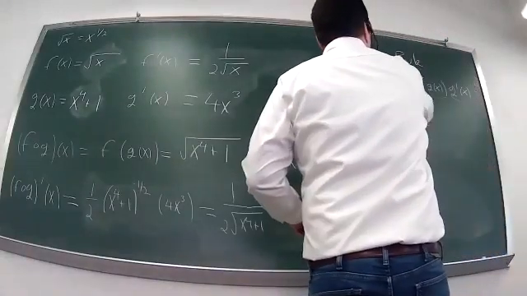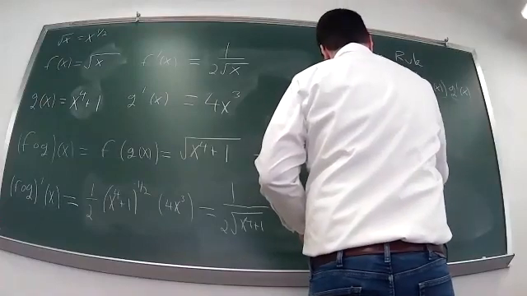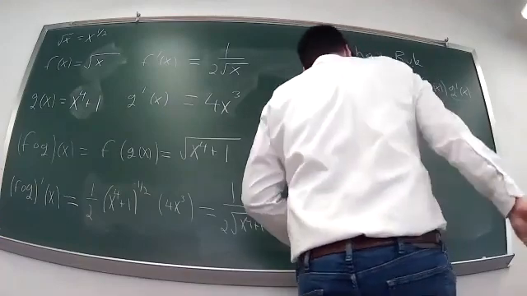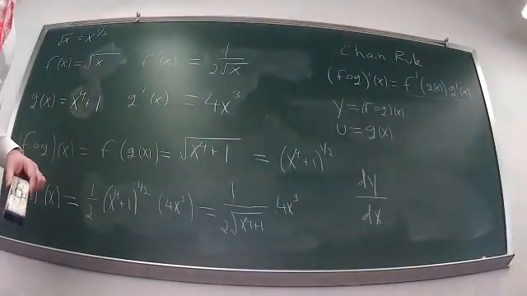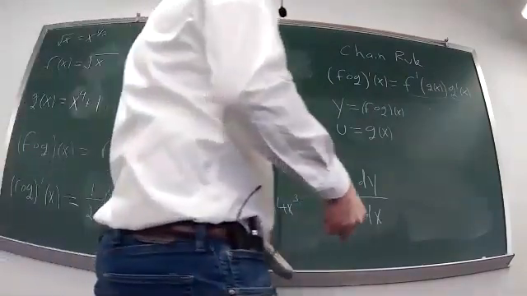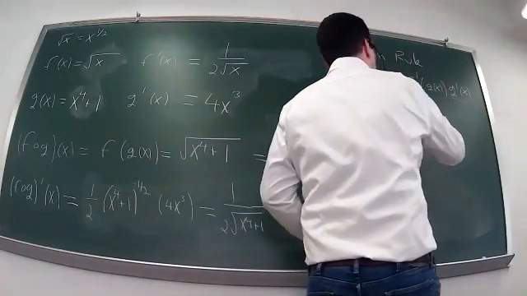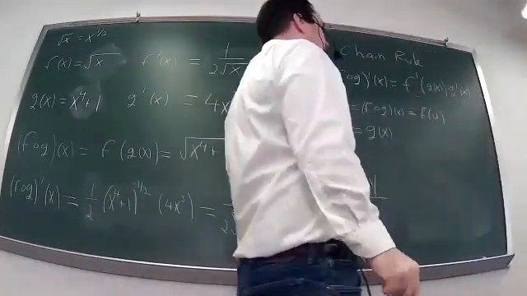And I want to convert this into Leibniz notation. So this left-hand side is dy dx. And then f of g of x is f of u.